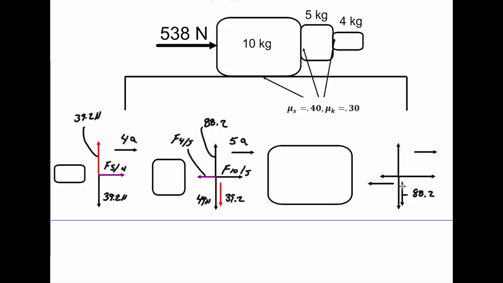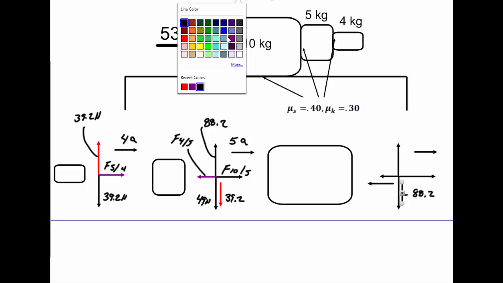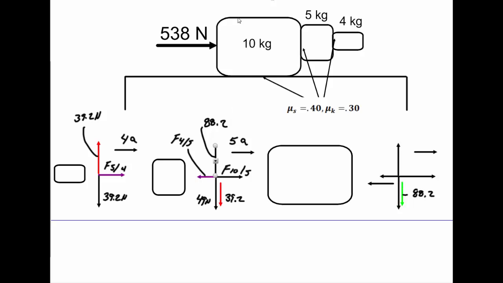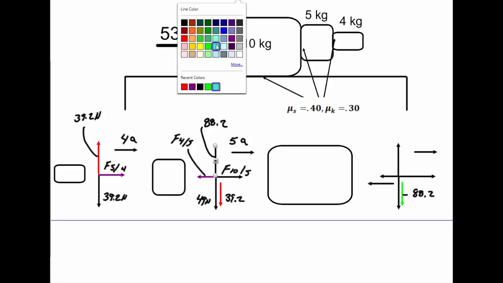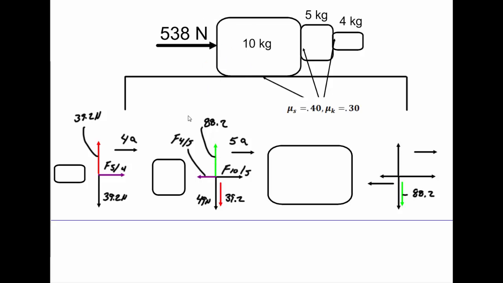We'll change the color of this. Again, we have another set of force pairs. Now here we have the 10 times 9.8 coming down, which gives me 98 newtons.